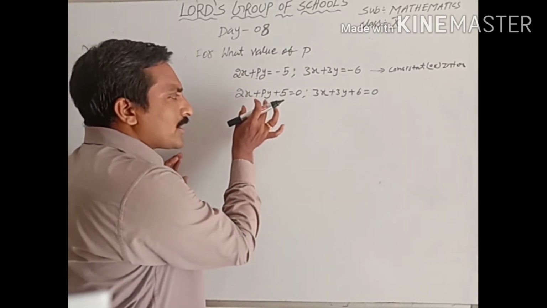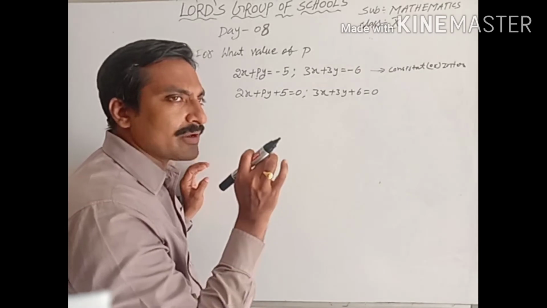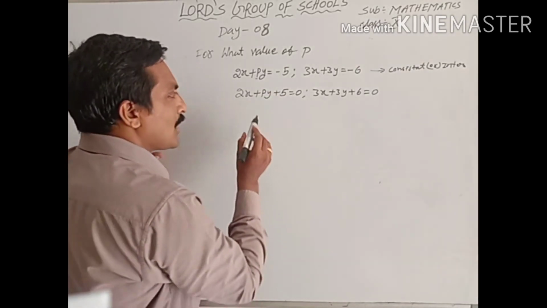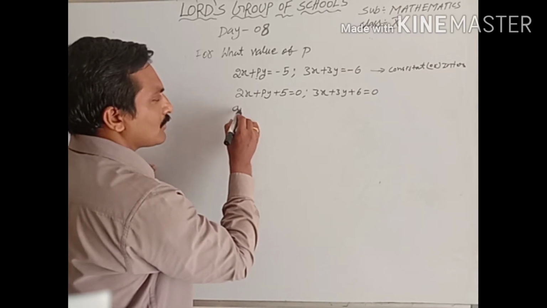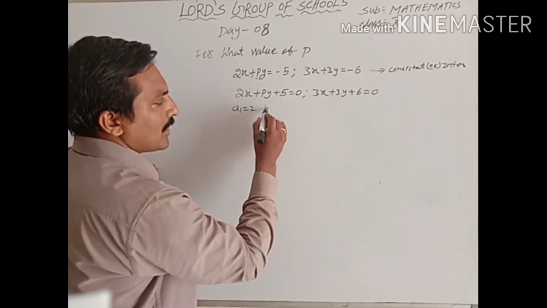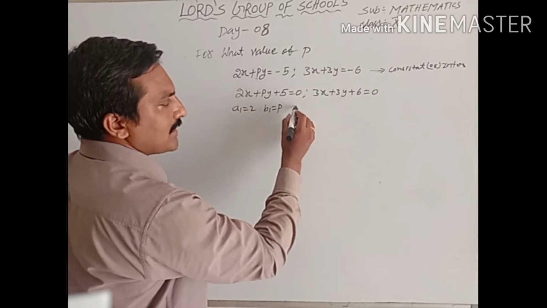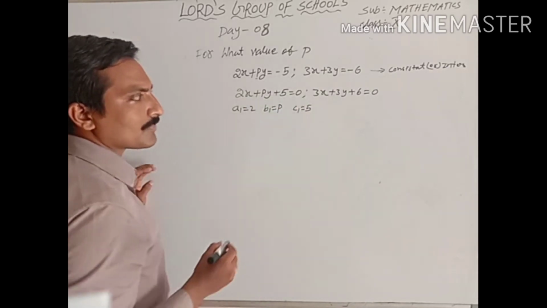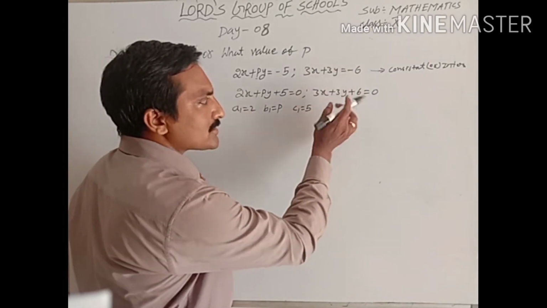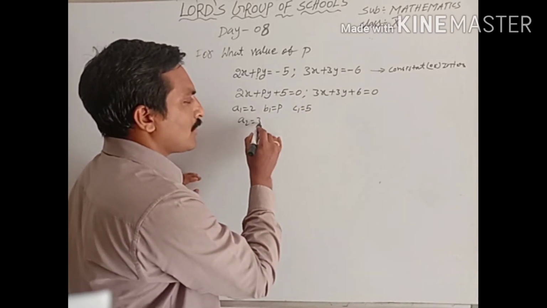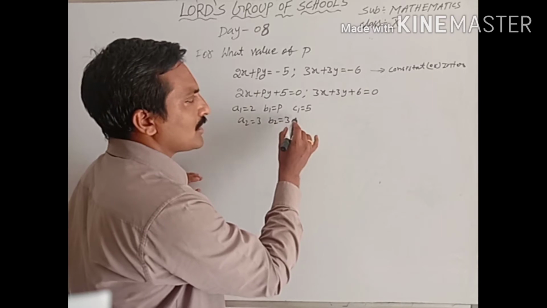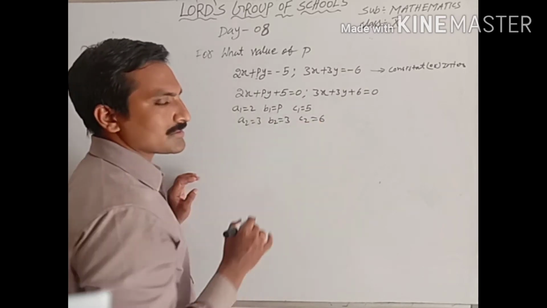Next, you have to represent a1, b1, c1 from the first equation. A means the x coefficient only, always. a1 is 2, b1 is P, c1 is 5. Next comes the second equation: a2 is 3, b2 is 3, c2 is 6.